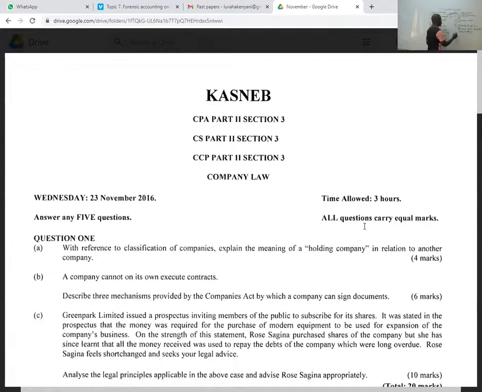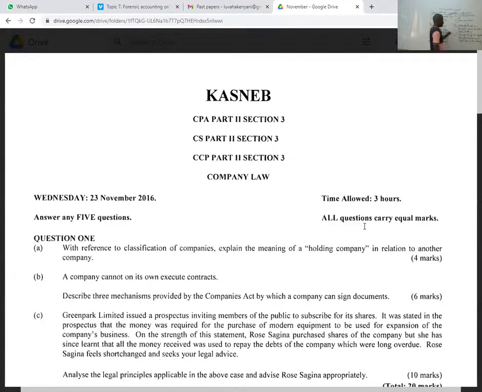Then number three, they can execute through an appointed legal officer or advisor and an official person in the company.